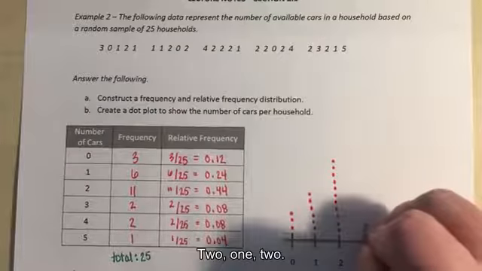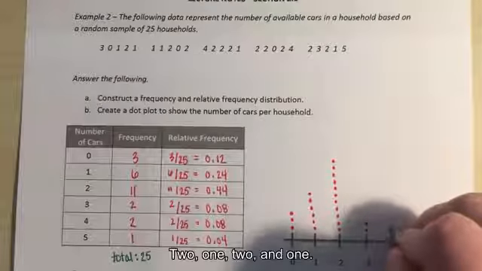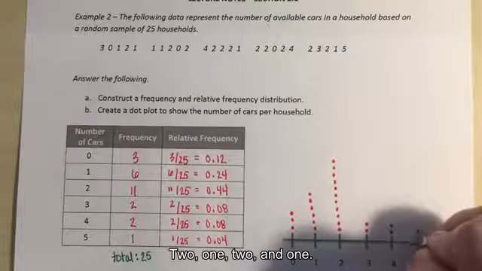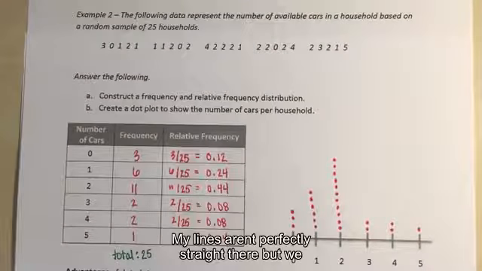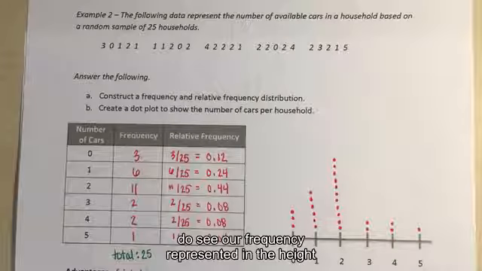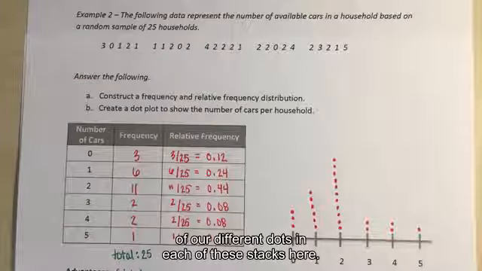Then 2, 1, 2, 2, 1, 2, and 1. My lines aren't perfectly straight there, but we do see our frequency represented in the height of our different dots in each of these stacks here.